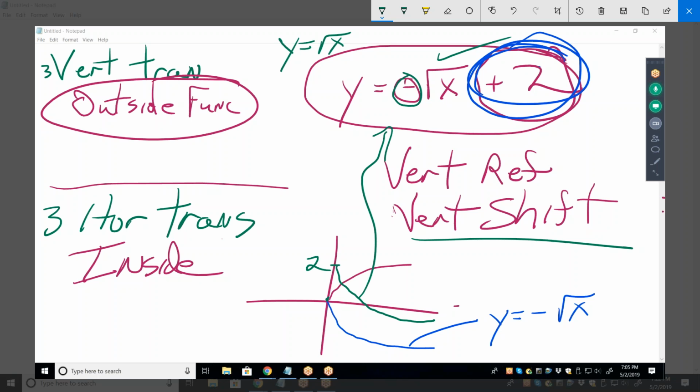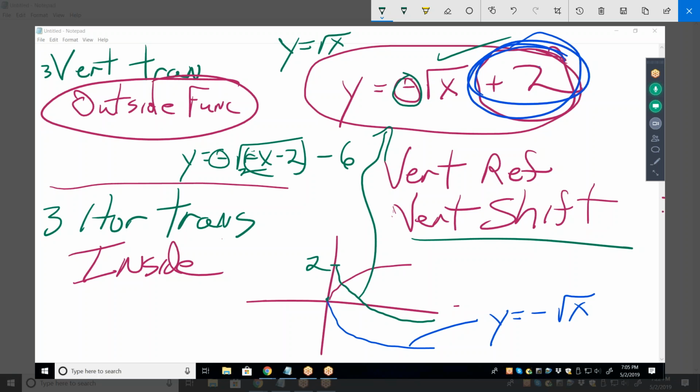You might get some functions that have all 6 transformations. How about this? That's got all 6 of them. It's got a negative sign in front. That's a vertical reflection.